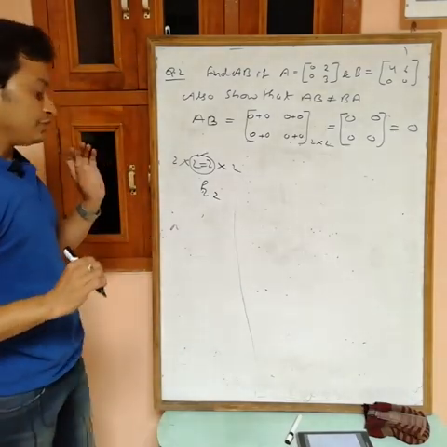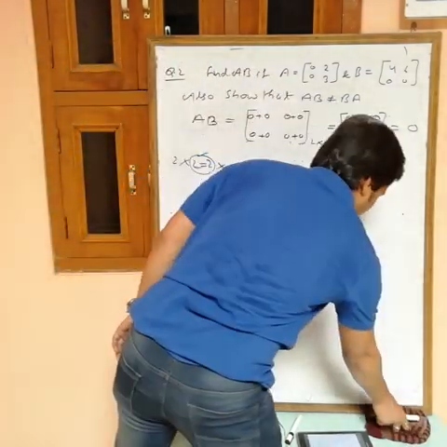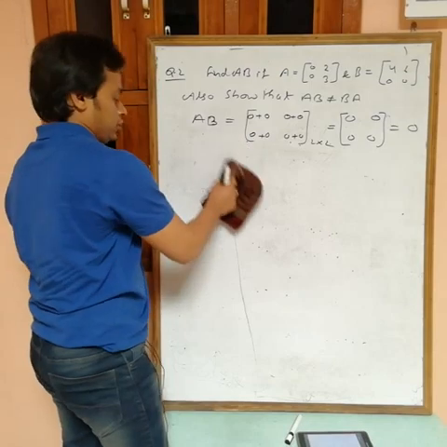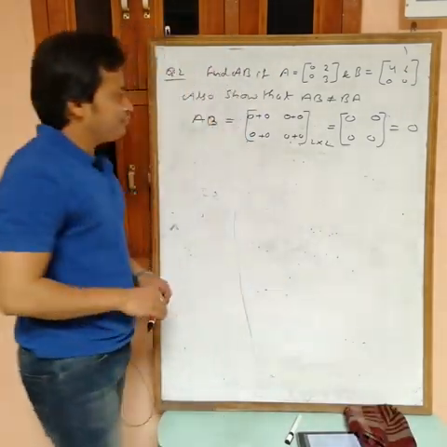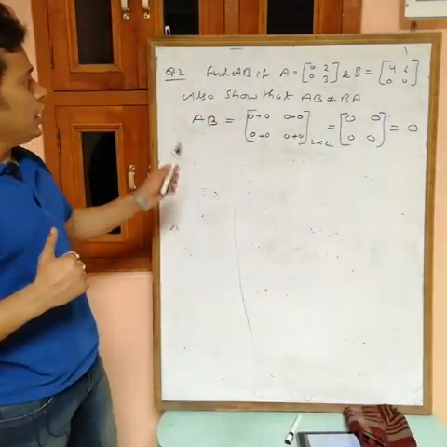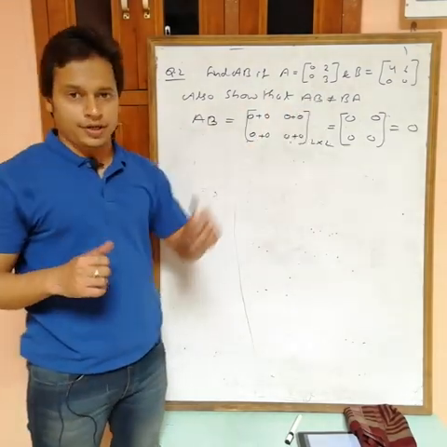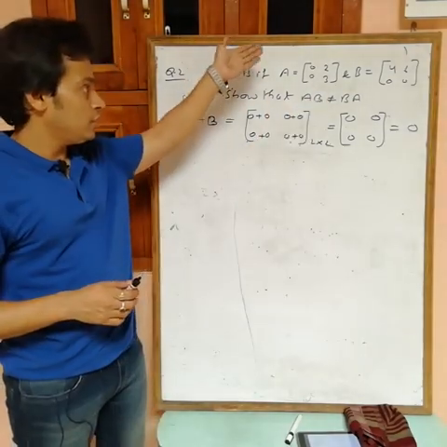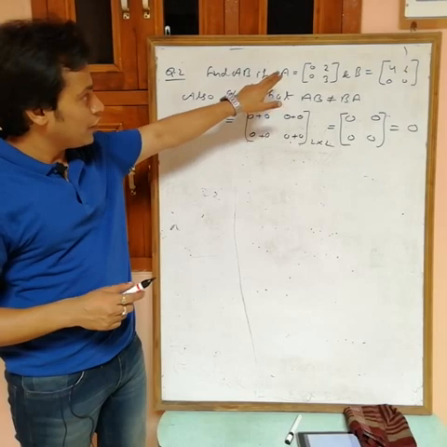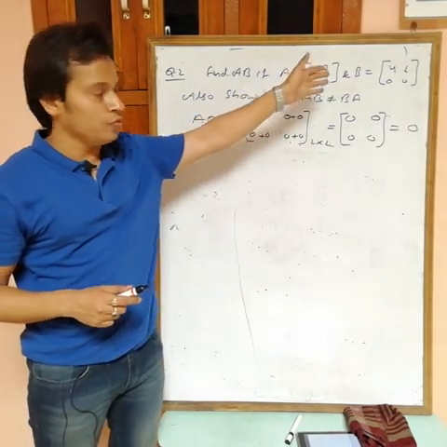Okay. Now see, from this we are getting one point. Here AB is a null matrix, but neither A is null nor B is null.